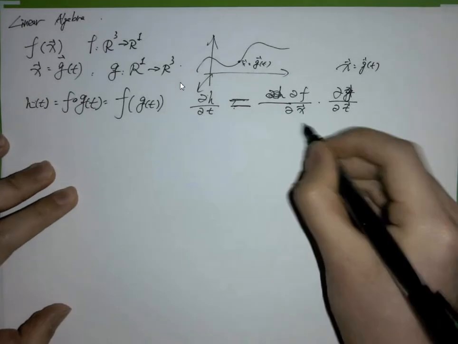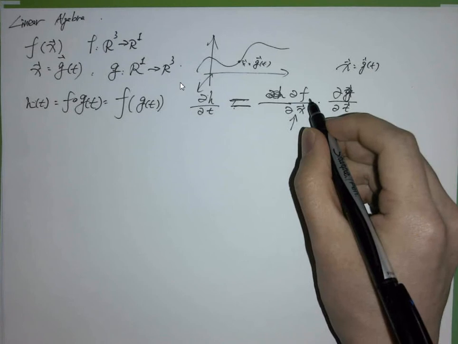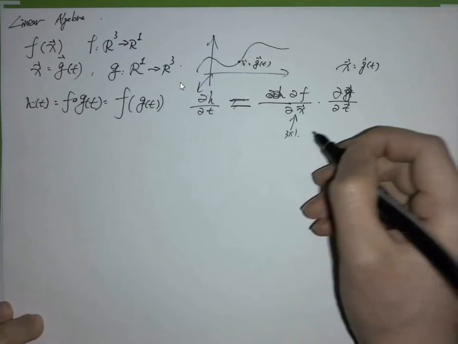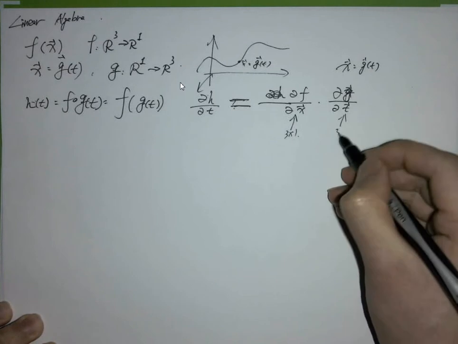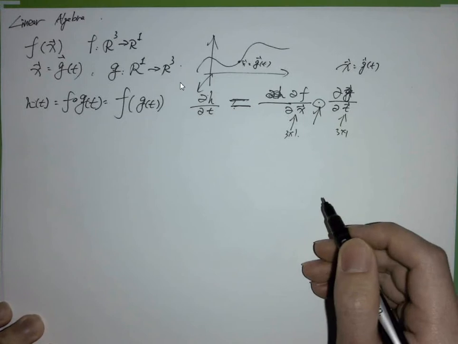We know this one is a vector, the gradient of f. In 3D space, you can see it as a 3×1 vector. And this one is also a 3×1 vector. This is basically the dot product between them, or we call it a contraction.